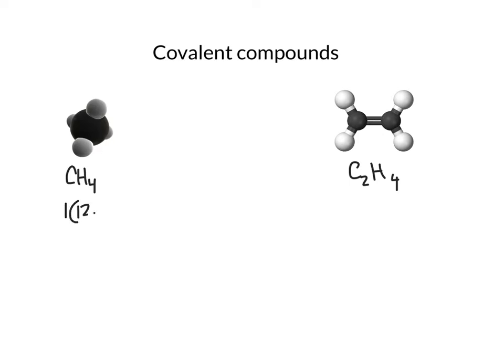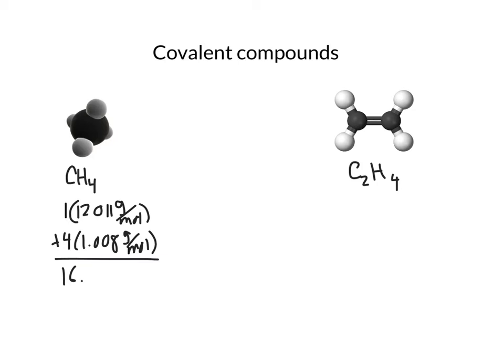From the periodic table, the molar mass of carbon is 12.011 grams per mole. We have 1 of those, plus 4 times the molar mass of hydrogen, which is 1.008 grams per mole. If we add those together, we get 16.04 grams per mole of CH4.